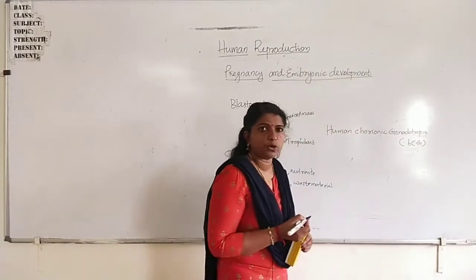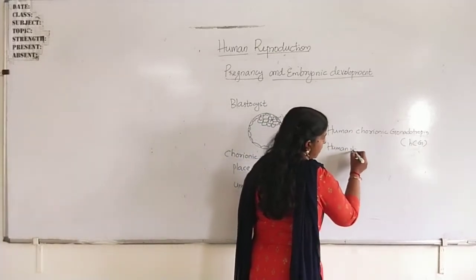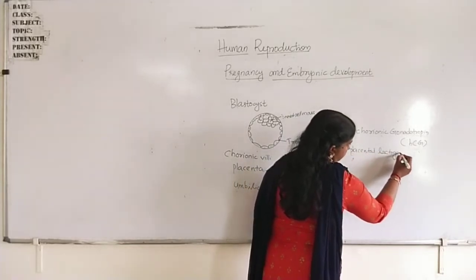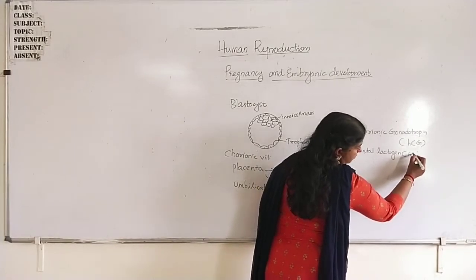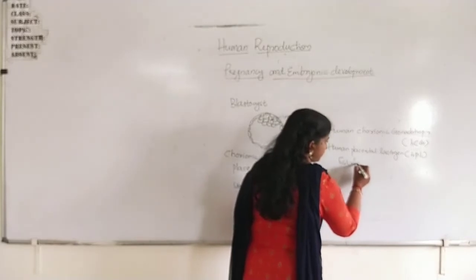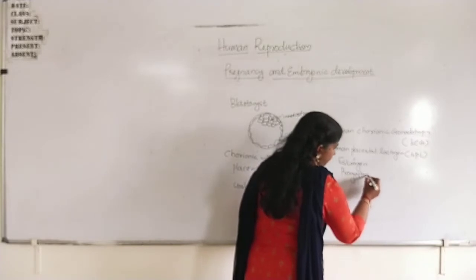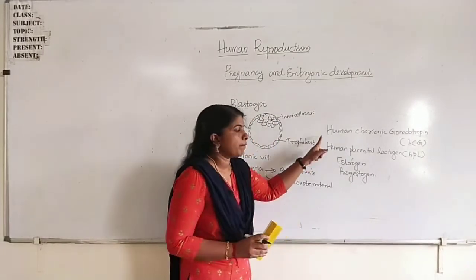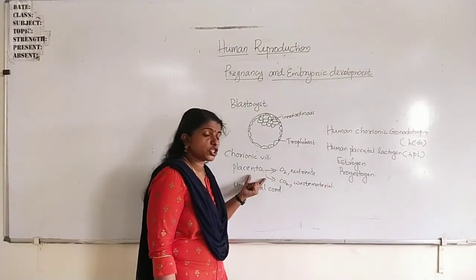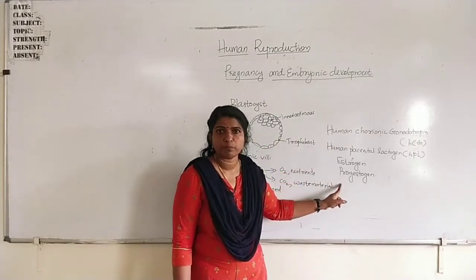Human chorionic gonadotropin, human placental lactogen, then estrogen, then progestogen. These are the main hormones produced by the placenta. The function of the placenta is very important for your exam also. These are the hormones produced by the placenta.